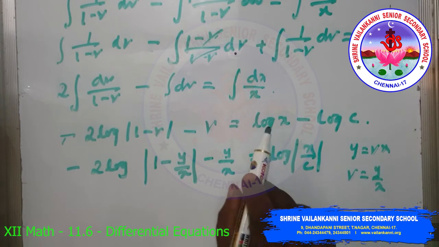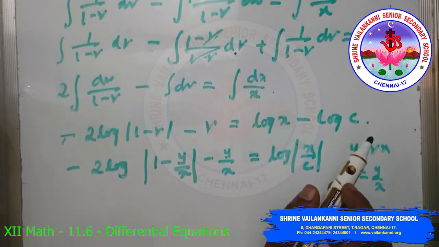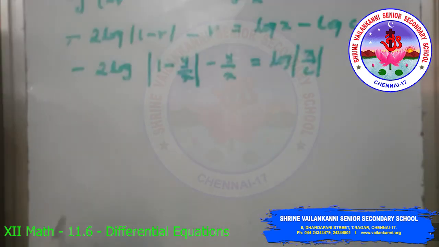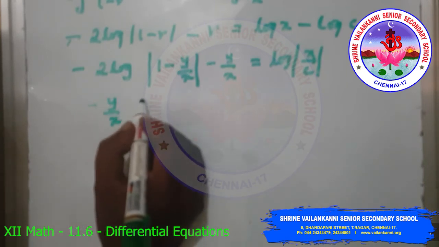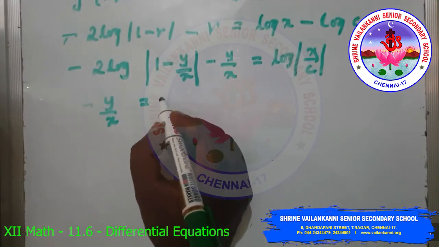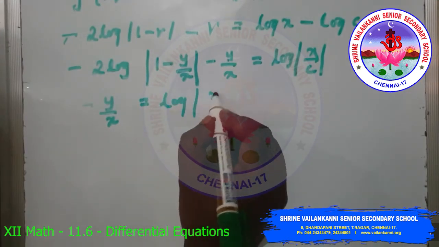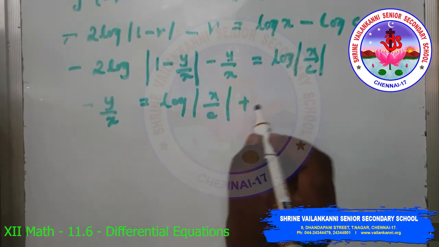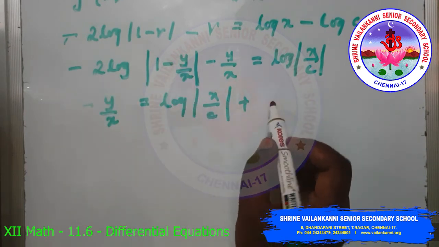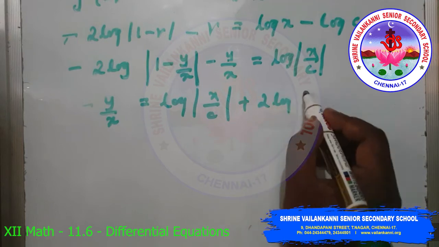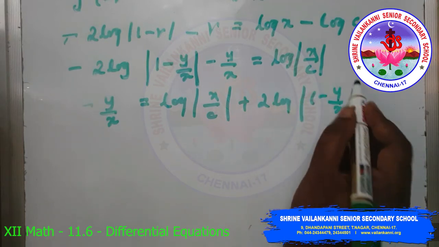So using the formula log x − log y equals log(x/y), −y/x is equal to log(x/c), plus, taking this 2 log(1 − y/x) to the right hand side, plus 2 log(1 − y/x).